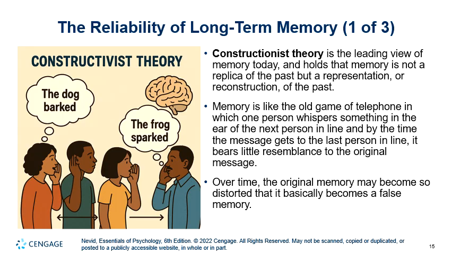Because these reconstructions feel real, they can turn into false memories, vivid, emotionally charged recollections of things that never actually happened. For instance, someone might remember seeing a friend at a party who wasn't there, or being lost at the mall as a child when it never occurred.